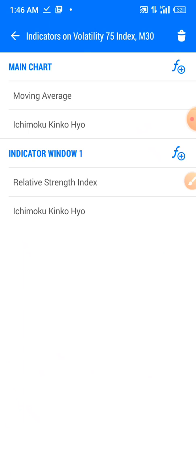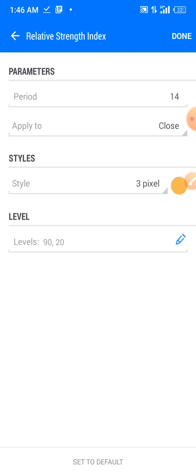The indicator I use here is the RSI in window one. Please copy the parameters: period 14, apply to close, 3 pixel style, and the levels are 90 and 20.